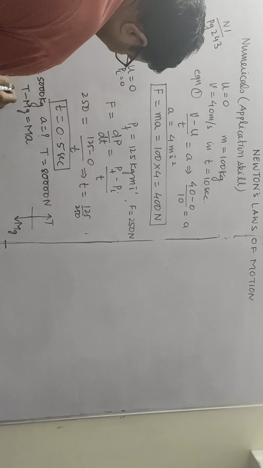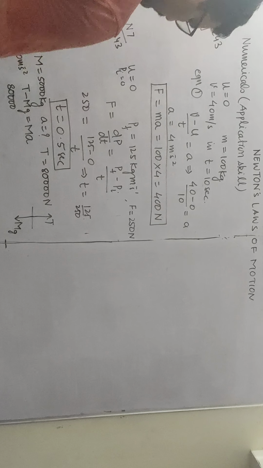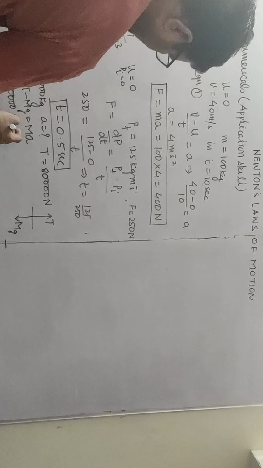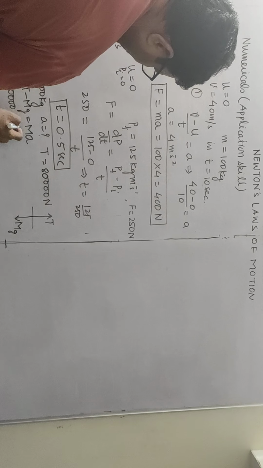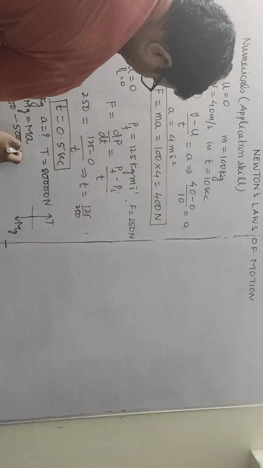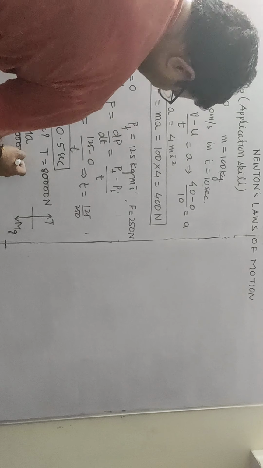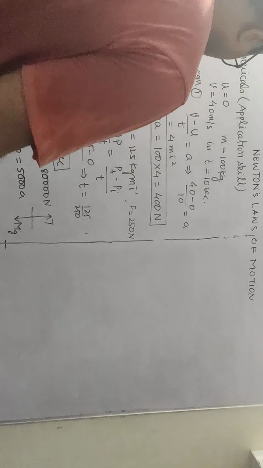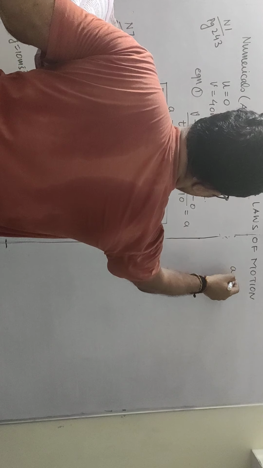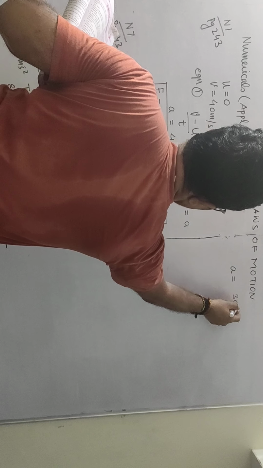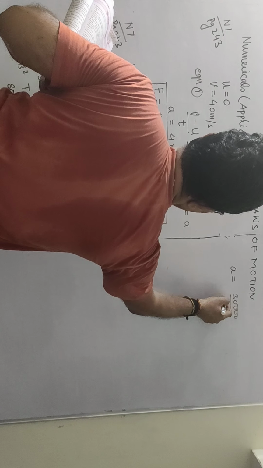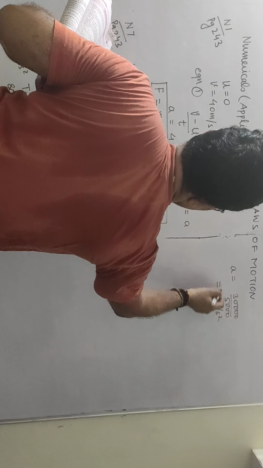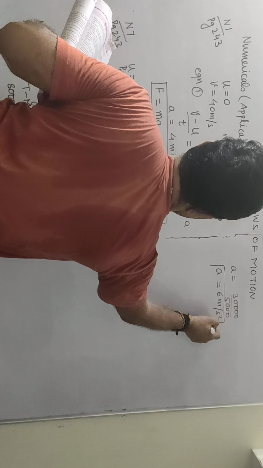Now T is given as 80,000, so 80,000 minus 50,000, because 5,000 into 10, is equals to 5,000 into a. While solving, a is equals to 30,000 by 5,000, that is 6 meter per second square. This is the acceleration in this case.